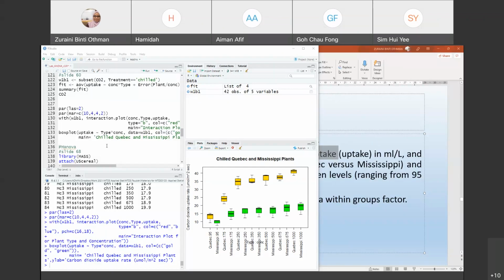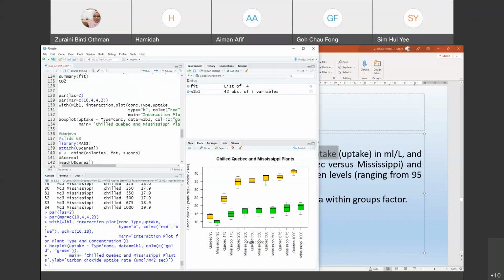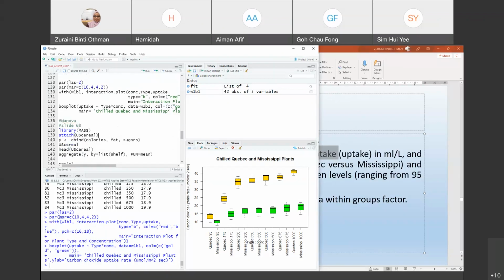Then here we go to MANOVA. Those are the terms MANOVA and ANCOVA, but do not worry about that, because we already use the tool R to find what is significant to the dependent variable that we study, based on the p-value that we get.